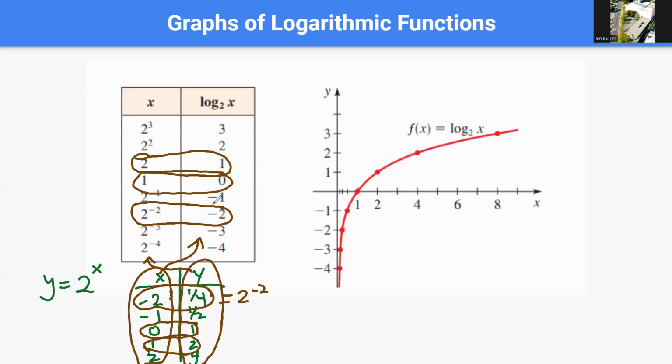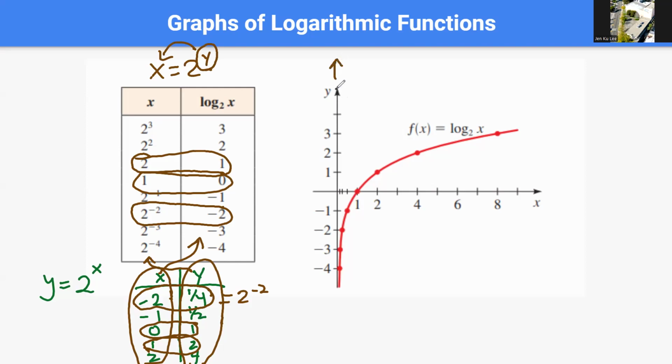So if you're ever confused on how to graph log base 2 of x, use Tarzan and Jane. This is 2 to the y power equals x, so it would be easier to plug in values for y to get your x values. Okay? So this is the graph, and what they didn't put on here is your asymptote.